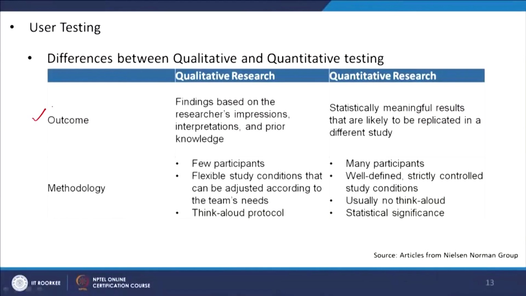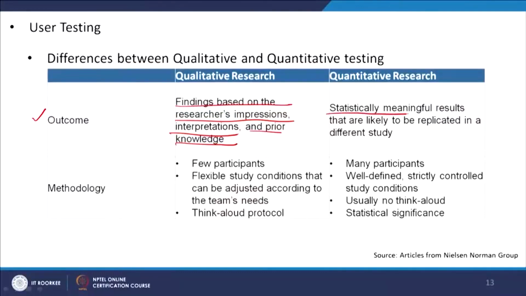The outcome of qualitative research is findings based on the researchers' impressions, interpretations and prior knowledge. So those play a very important role in qualitative research. It is based on the impression, interpretation and prior knowledge of the researchers, moderators or designers. Quantitative research gives statistically meaningful results that are likely to be replicated in a different study.